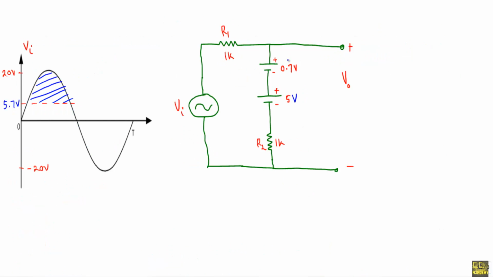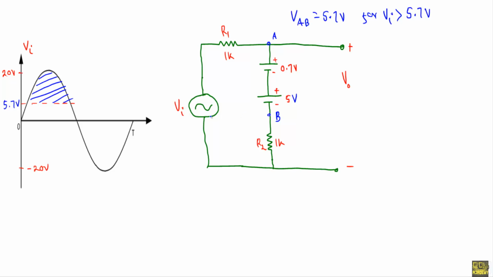So if we replace the ordinary diode D1 and Zener diode Z1 with the corresponding equivalent circuits, we will get a circuit like this. Now see, we will get a constant voltage of 5.7 volt, as long as Vi is greater than 5.7 volt, between these A and B terminals.